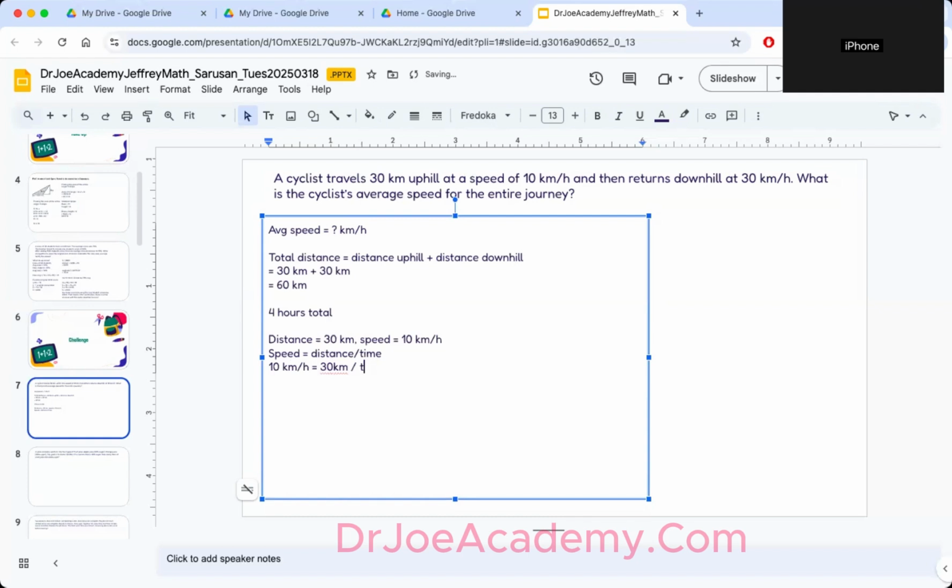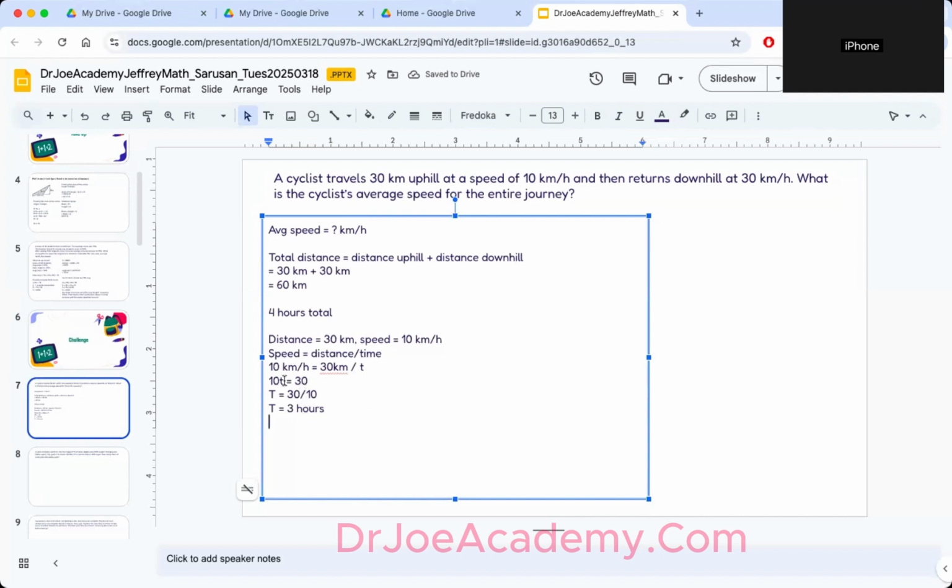Time is still unknown. So we can solve for t. How do we solve for t? You can say 10t equals 30, and then t equals 30 over 10. t equals 3 hours.